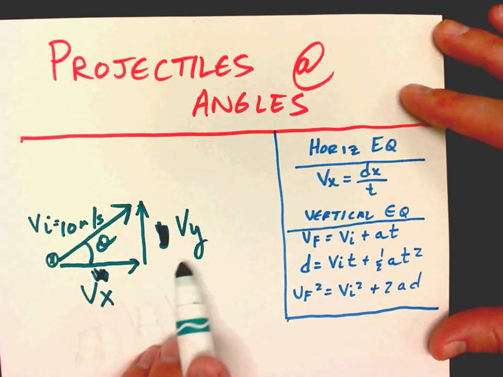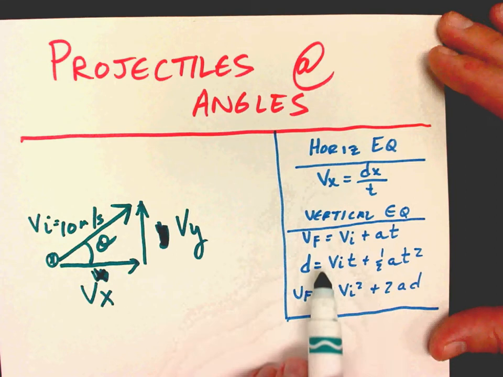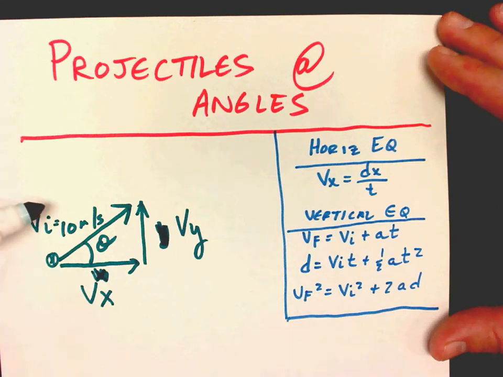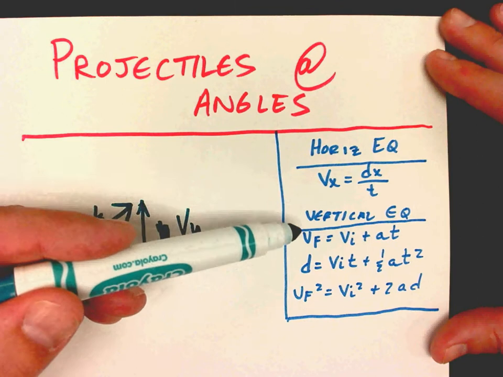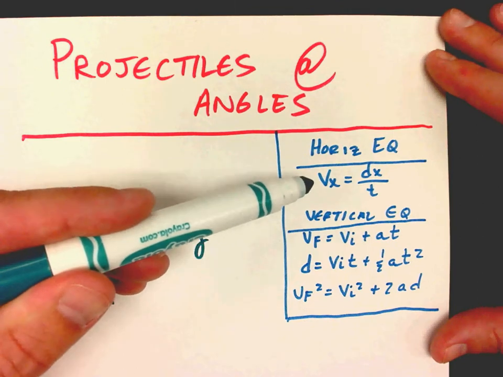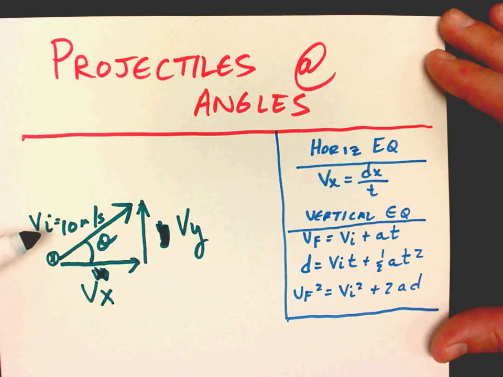These are going to be important because these can be used with these equations over here. This launch velocity, this initial velocity, the way we have it labeled, can't be plugged into any of these equations, because these equations call for either horizontal velocities or vertical velocities. This has both, so it can't be plugged into any of the equations.